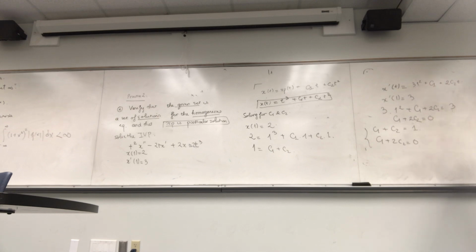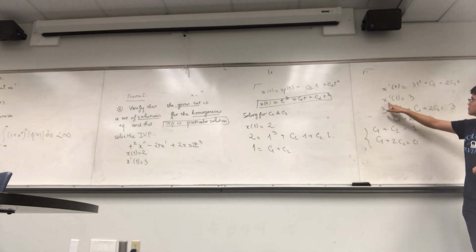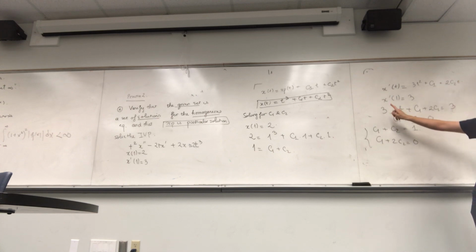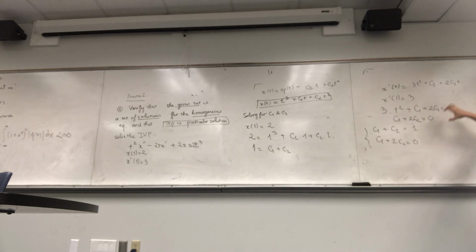All right? So you know that x prime at 1 is 3. You plug 1 here. You will have that 3 times 1 squared plus c1 plus 2c2 is 3. You eliminate the 3. You have c1 plus 2c2 is 0. All right? You put the two conditions together, you have a system.